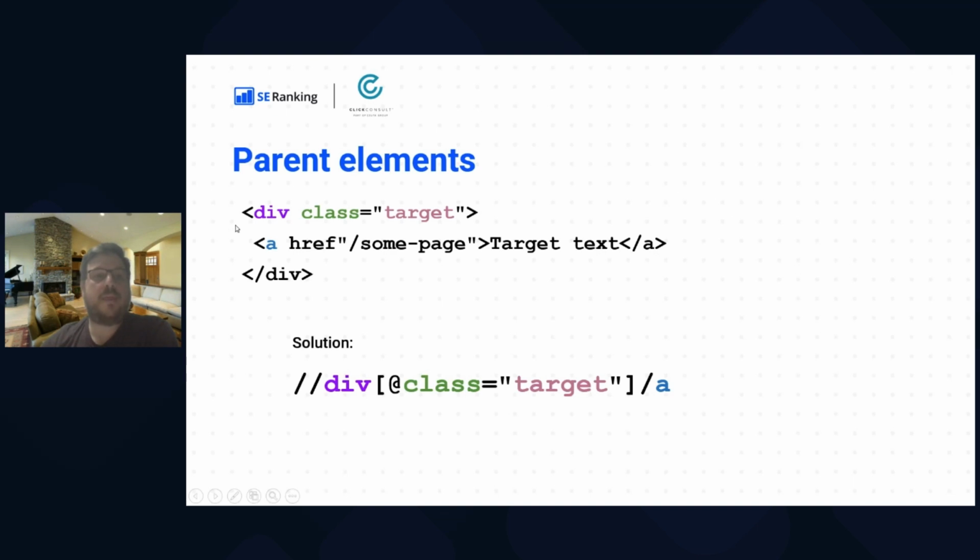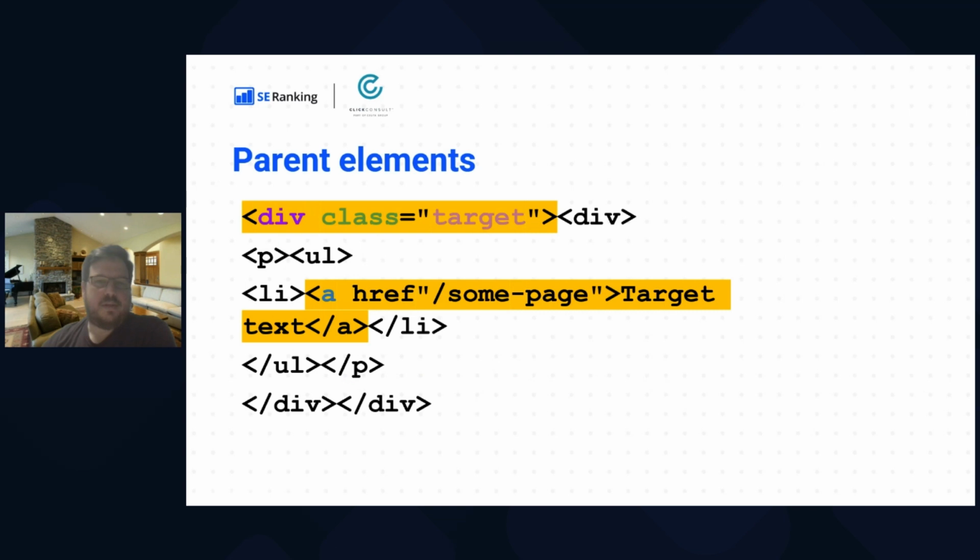So again, we start off with //div, search for every div where the class equals target in this example. And then at the end, you just put /a, and this will extract the anchor text of every link that appears within this div.